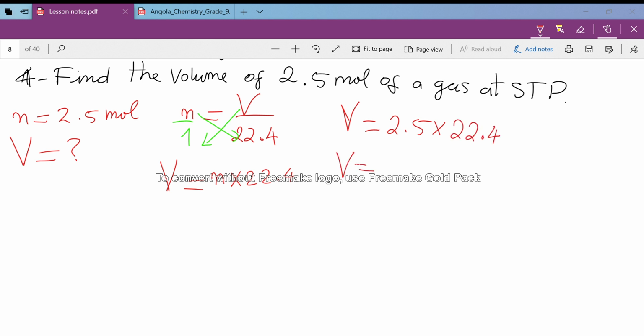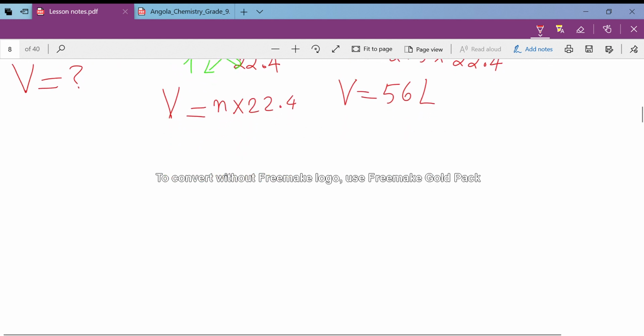You just have to plug the numbers in the calculator and you get 56 liters. Remember guys, the unit for volume is liter. Let me give you one more exercise.